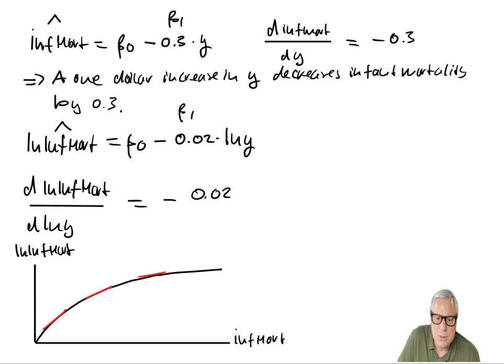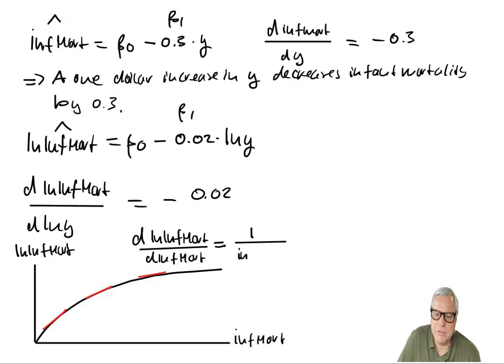So it turns out that taking the derivative of the log of infant mortality with respect to infant mortality is equal to 1 over infant mortality. Okay, it's just like the log of x derived with respect to x is 1 over x. And now x is just infant mortality.